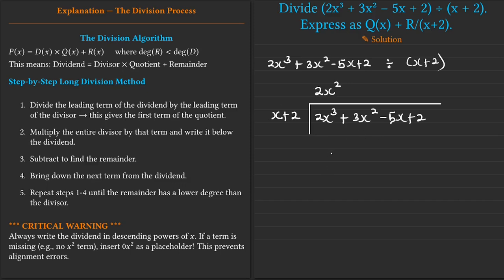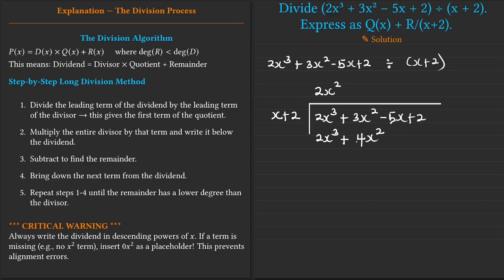It is the same thing we want to do here. So we have 2x squared times x. That gives us 2x cubed. Then we have 2x squared times 2. That will also give us 4x squared.